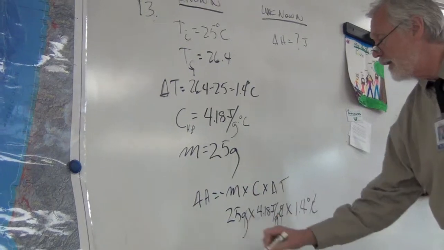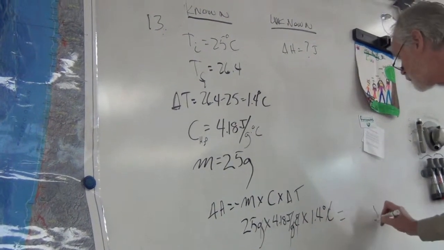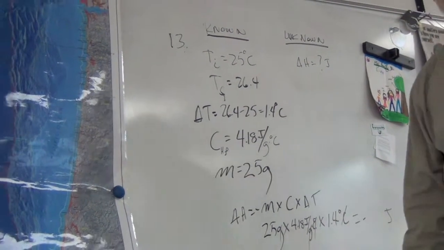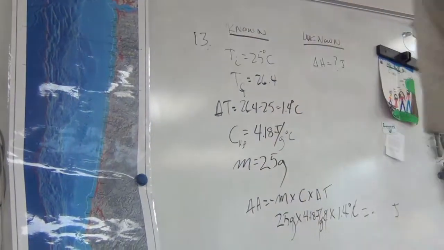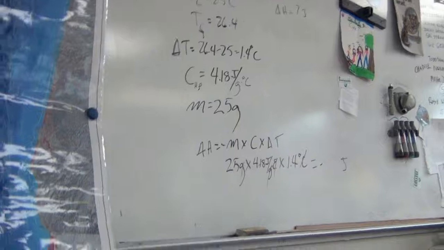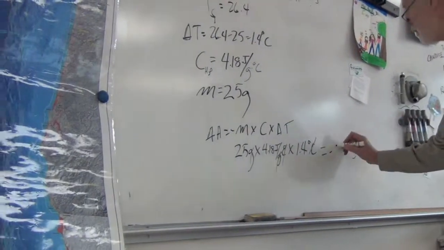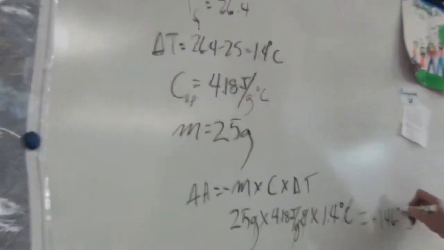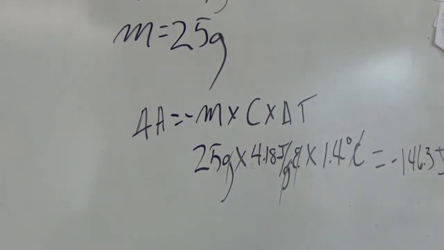Dimensionally analyzing, we're left with joules, which is what we want. What is that? That is negative 146.3 joules.